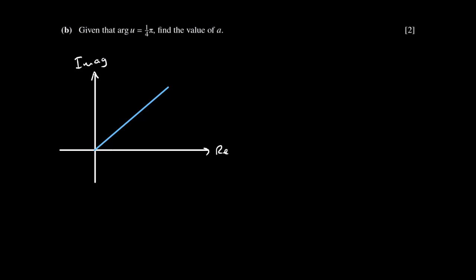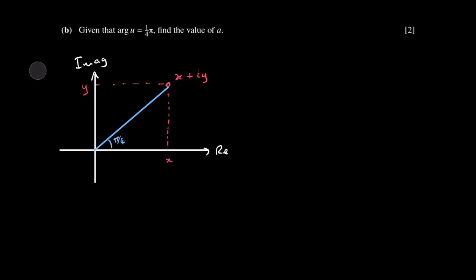So what we're being told is that this angle is pi by 4 radians, which is the same thing as 45 degrees. Now then, if we've got a complex number in Cartesian form, so here we've got a complex number x plus iy, then that coordinate there is x, and that coordinate there is y.